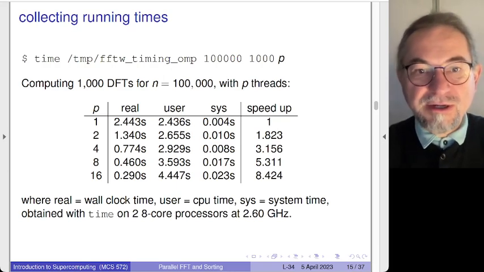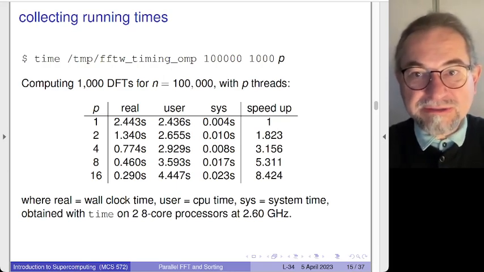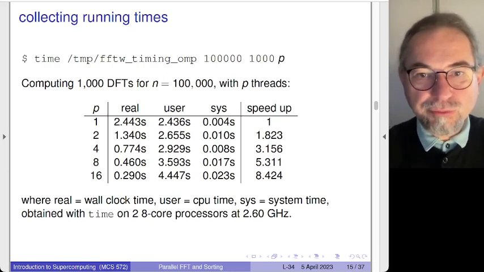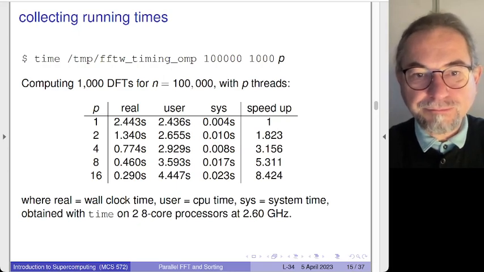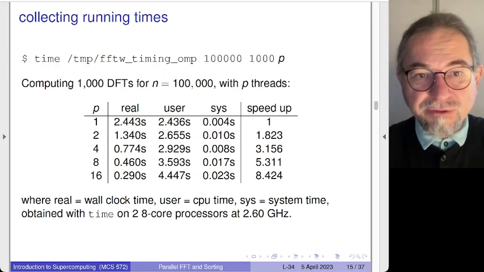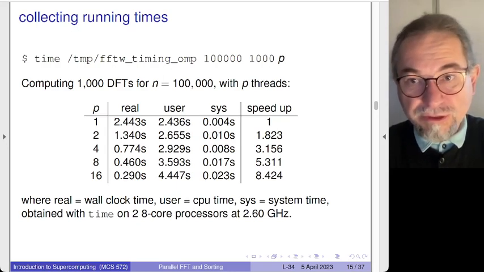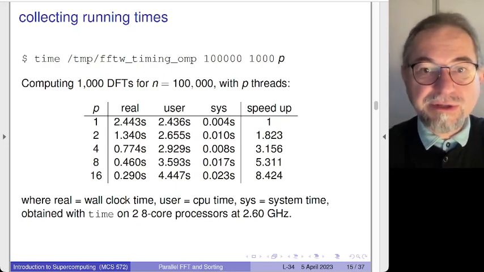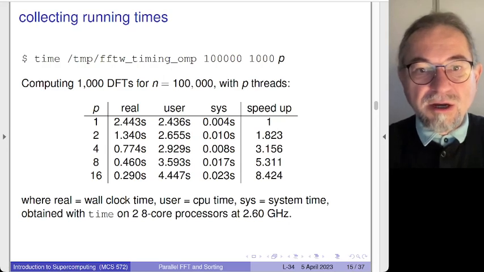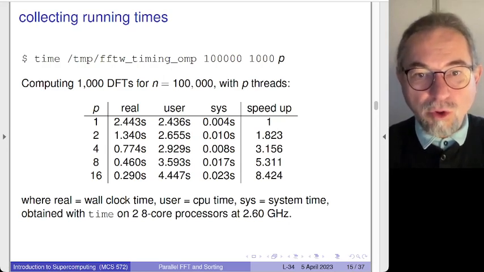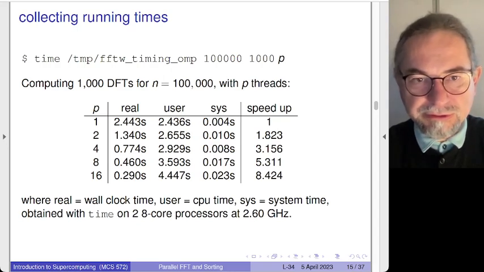So the speedup on a 16-threaded computer, twice 8 cores. You see we have a very good speedup at 2, even at 4 it's quite good. It starts to taper off a little bit. We see the wall clock time, and I think the wall clock time was used to compute the speedup. At least this is what I hope.